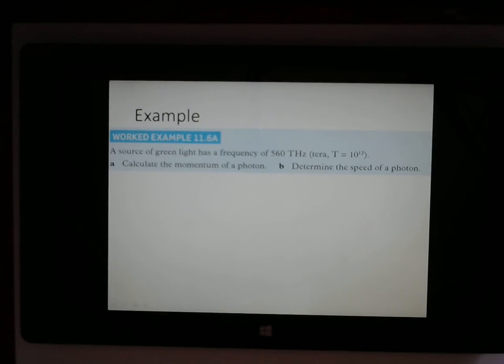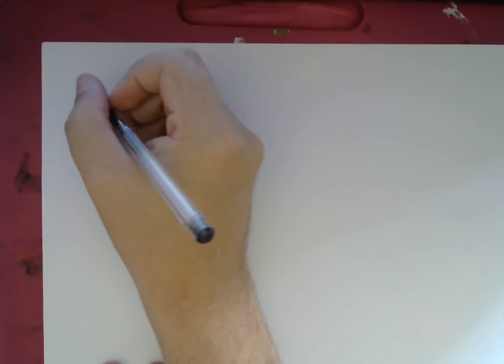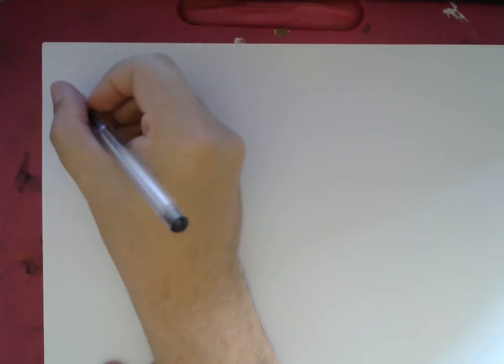Alright, so let's go through here. We want to know the momentum, so p equals, I don't know. We are told that the frequency, f, equals 560 terahertz. Remember, convert that to your powers before you even do anything with it.